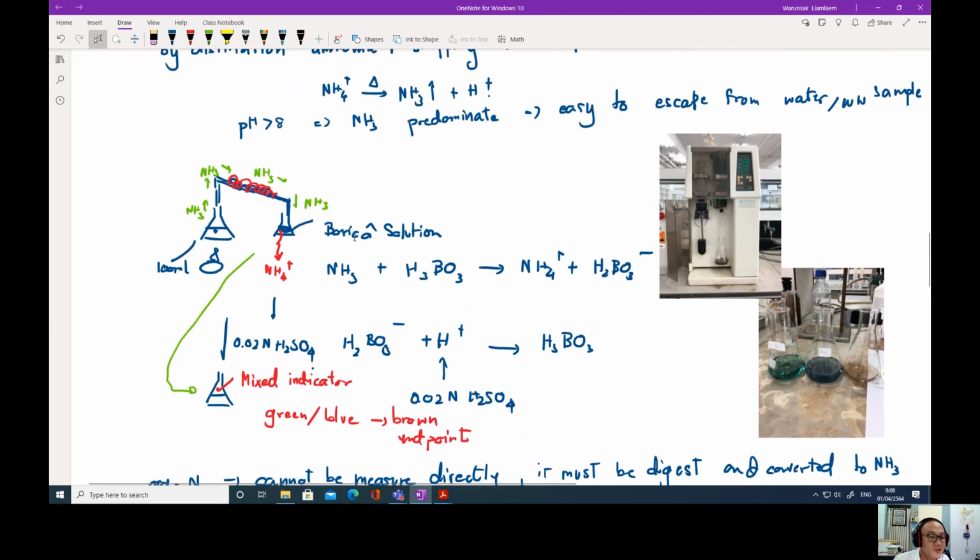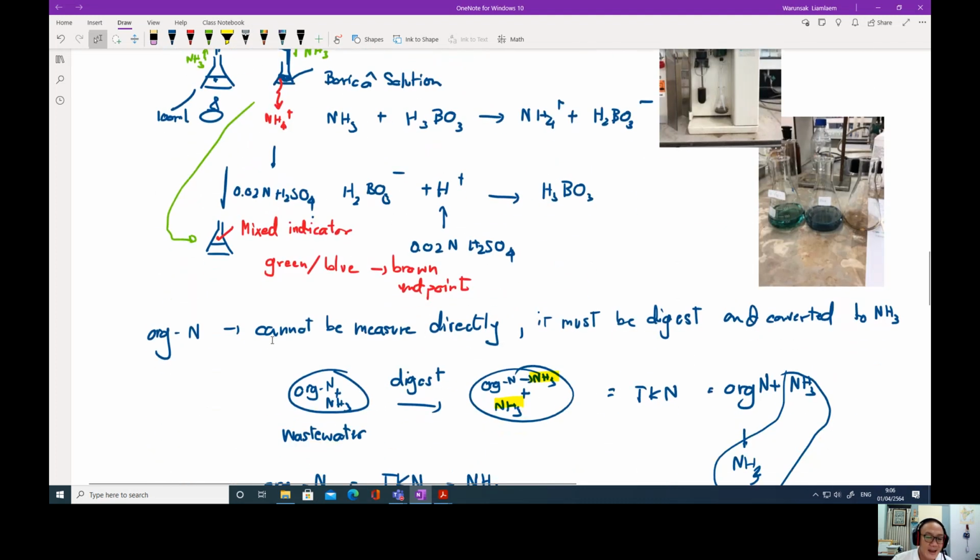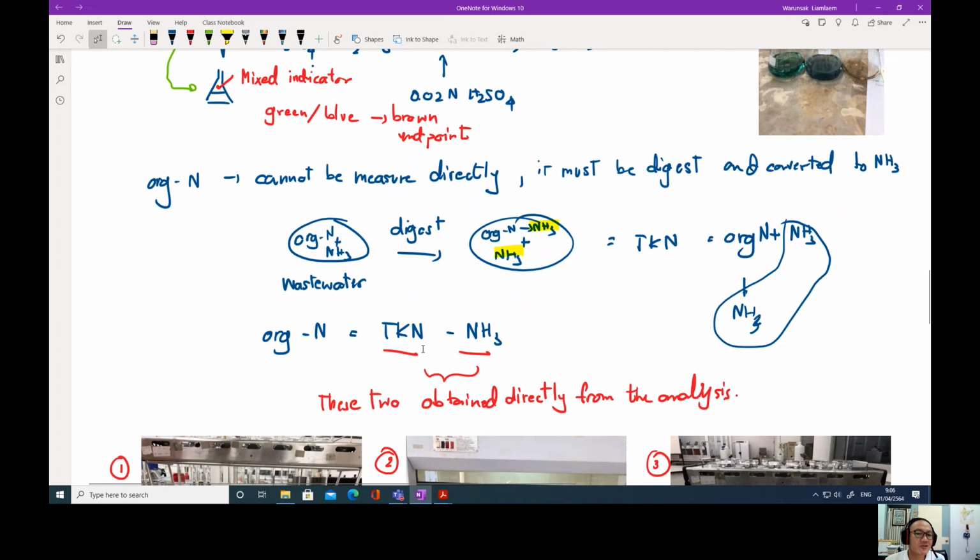These are the procedures that we use to measure ammonia. But organic nitrogen cannot be measured directly. It must be digested and converted to ammonia first.